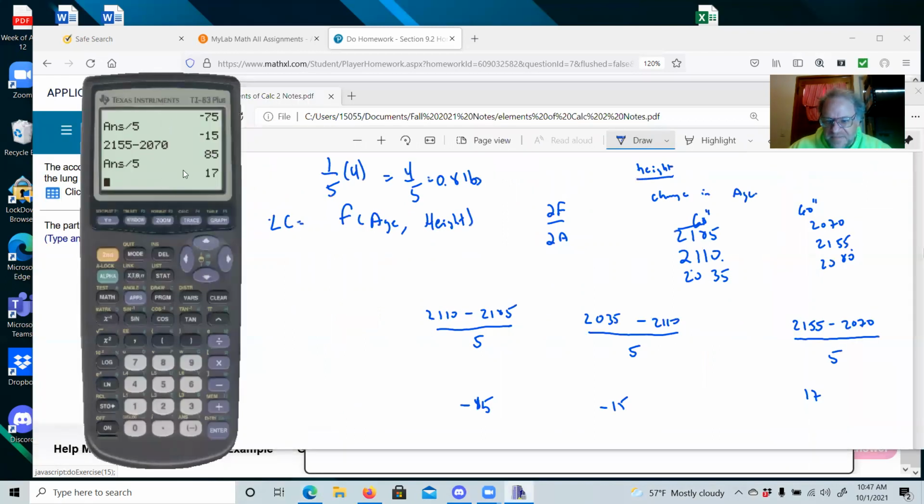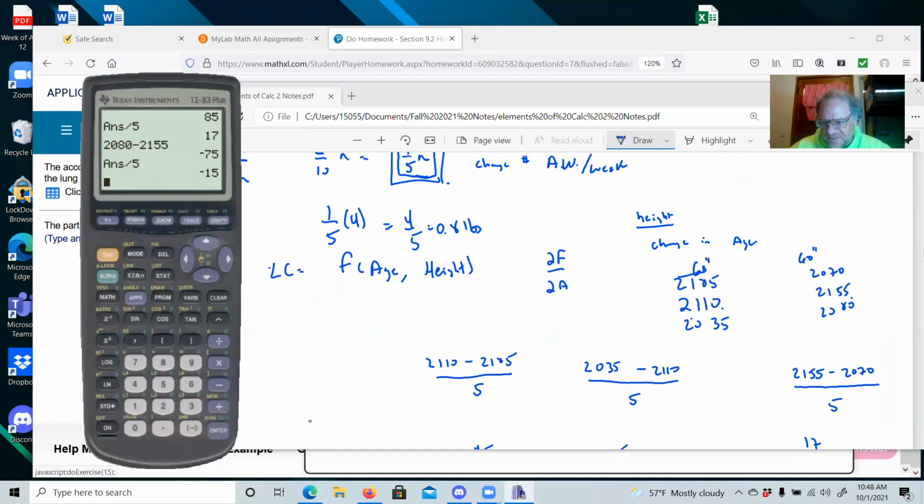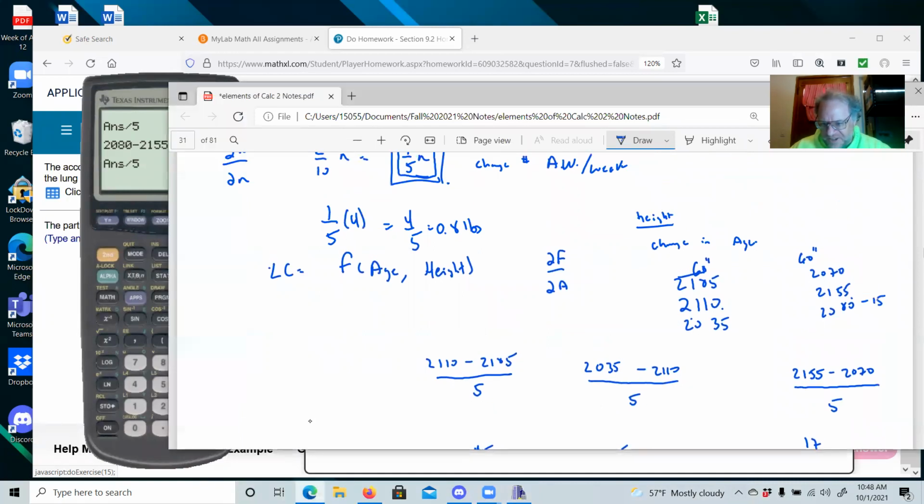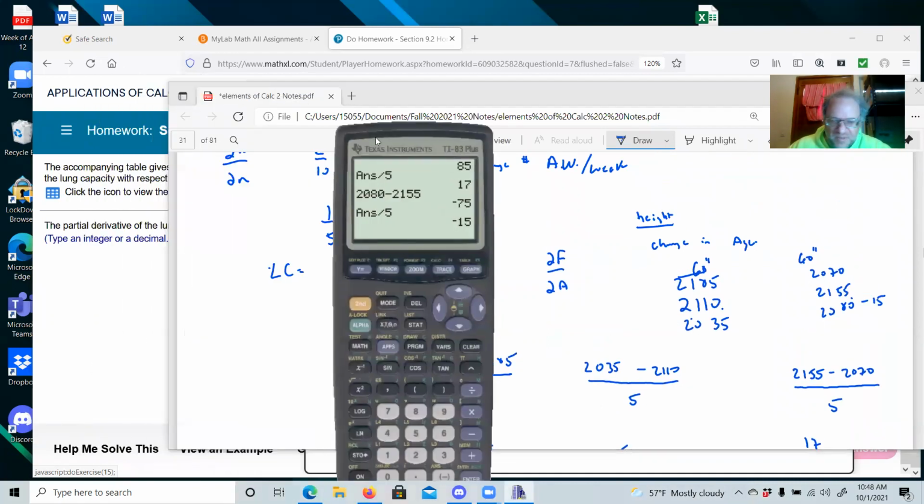So it's not constant. I'll bet I wrote it down wrong. 2080 minus 2155. Yeah, I would bet that I miscopied that. They're all negative 15. Whatever I did here, please ignore it, because everywhere else it's looking like negative 15. Glad I did more than one, so I'd have something to check against.